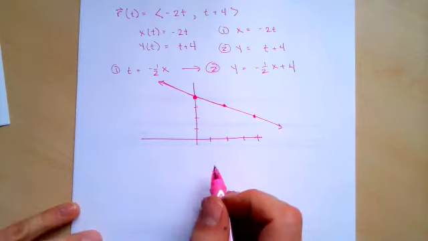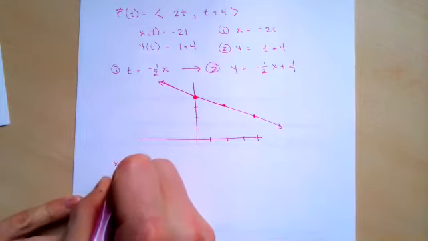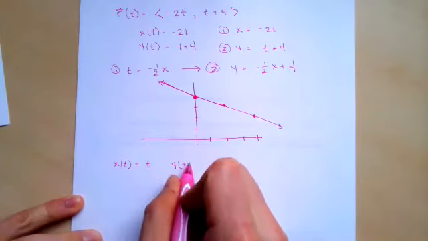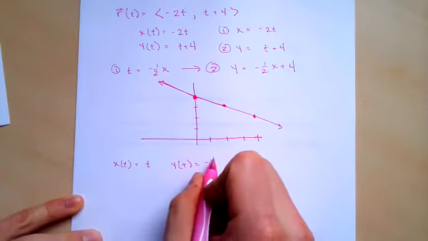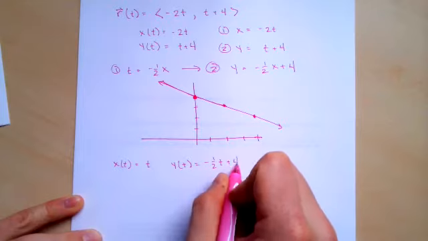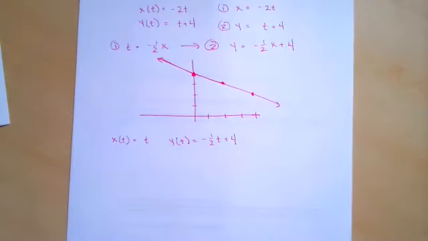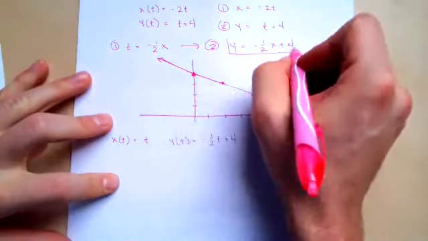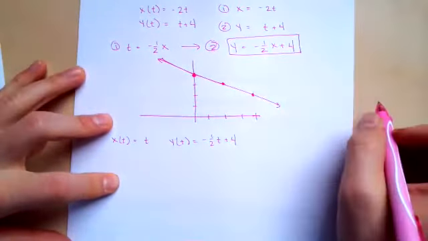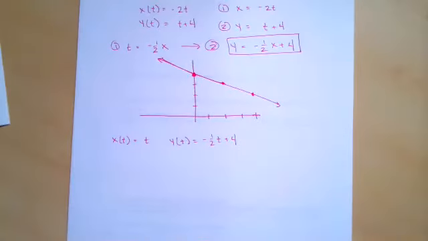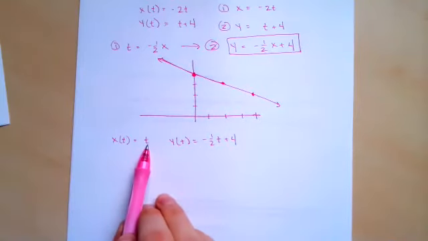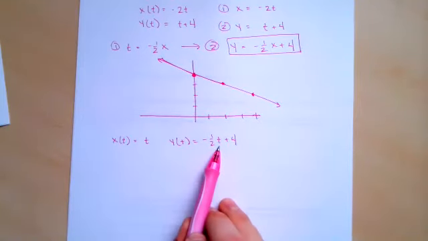We started with our example of x of t is t and y of t is minus 1/2 t plus 4. This was our standard way if I was given this function to start with and I wanted to write a parametric equation for it, the standard way of doing it is just to say, let's let x be t, and then replace that x in the y equation with a t.